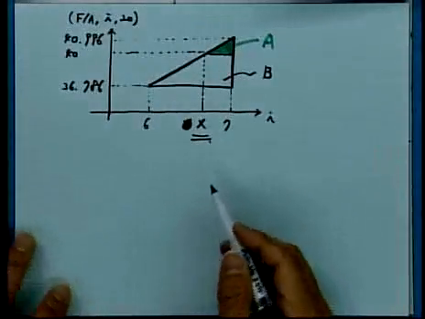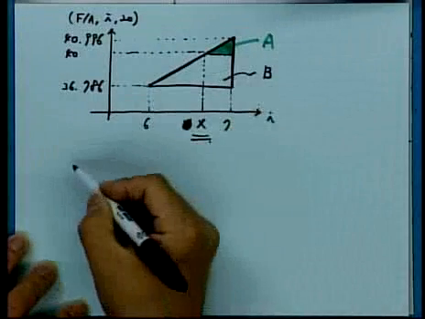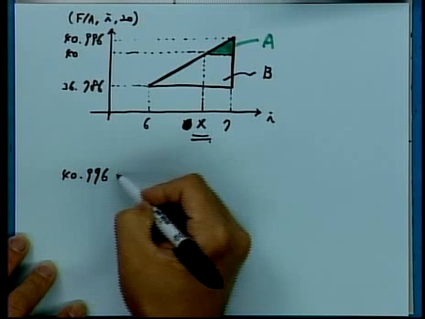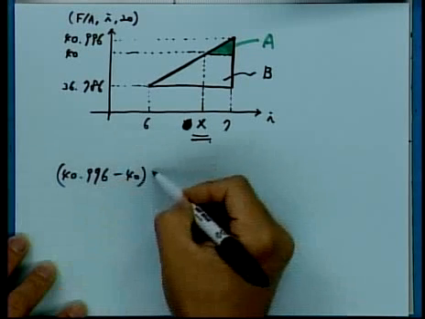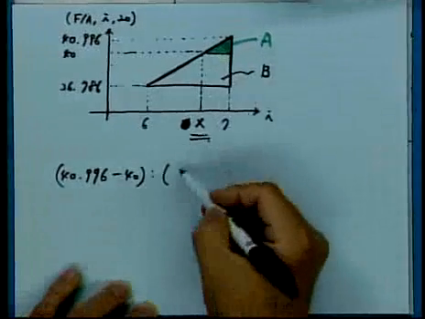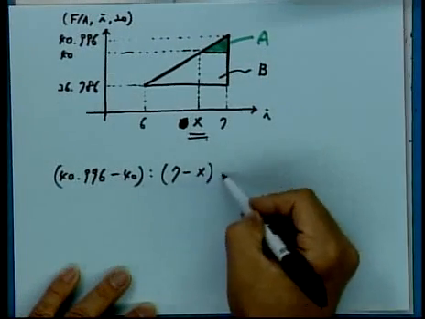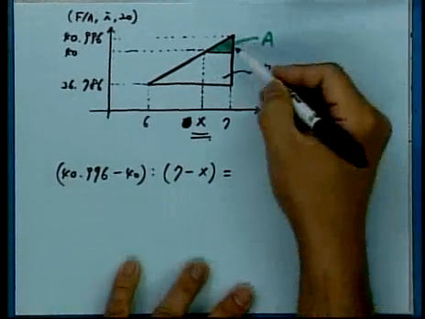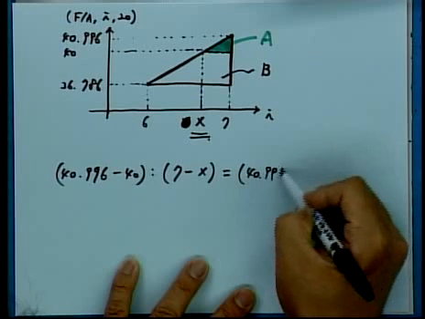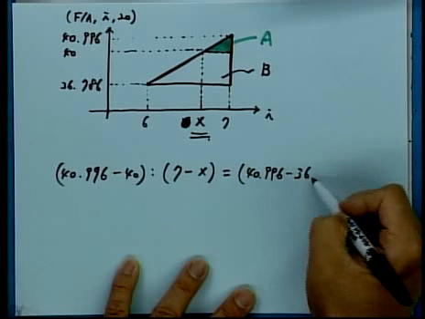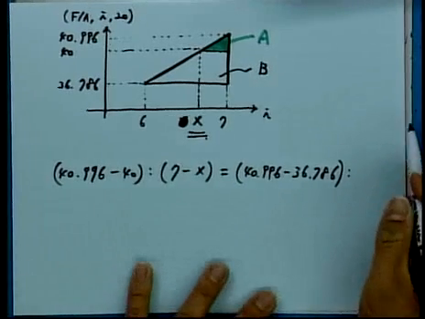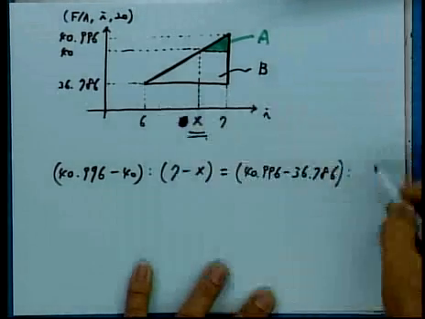So the height of triangle A is 40.996 minus 40, versus the base of triangle A, which is 7 minus X. Likewise, the height of triangle B is 40.996 minus 36.786, versus the base of triangle B, which is 7 minus 6.